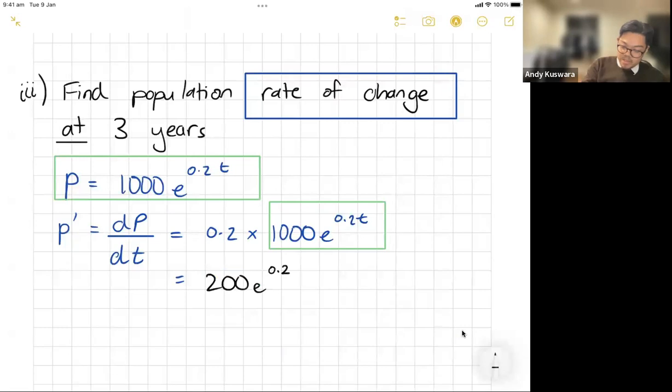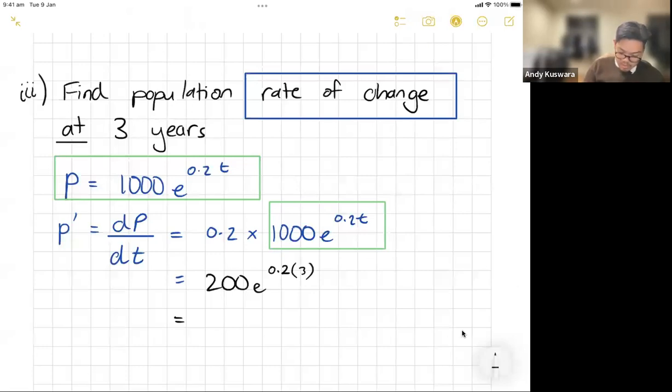Then I sub in 3 because it's after 3 years. Now this becomes 200 times e to the power of 0.2 times 3.